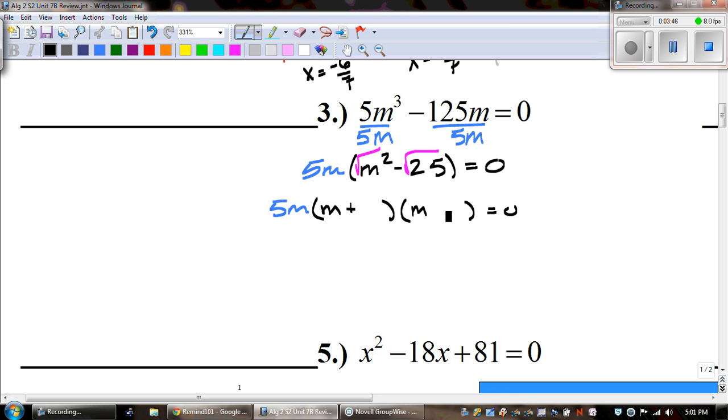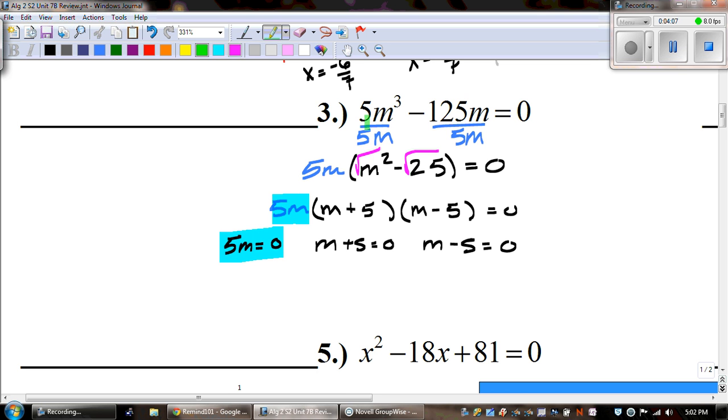Remember, one's a plus and one's a minus, and then the square root of 25 is 5. Now, everything with the variable gets set equal to 0. So 5m, the m plus 5, and the m minus 5. Those were our three things set equal to 0.